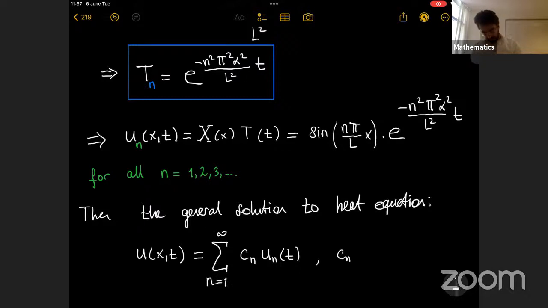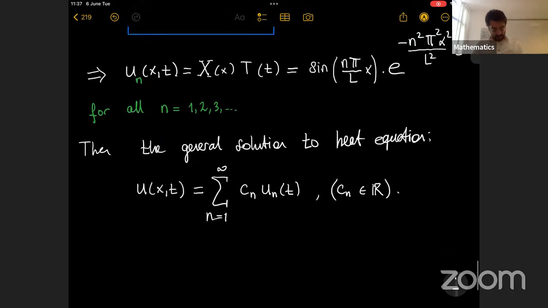Here c_n is an arbitrary constant for any n. Of course, the solution depends on c_n. If you choose different constants, you will get different solutions. So what you do in the second step, remember, you will find the one which satisfies the second initial condition. So the second step here.